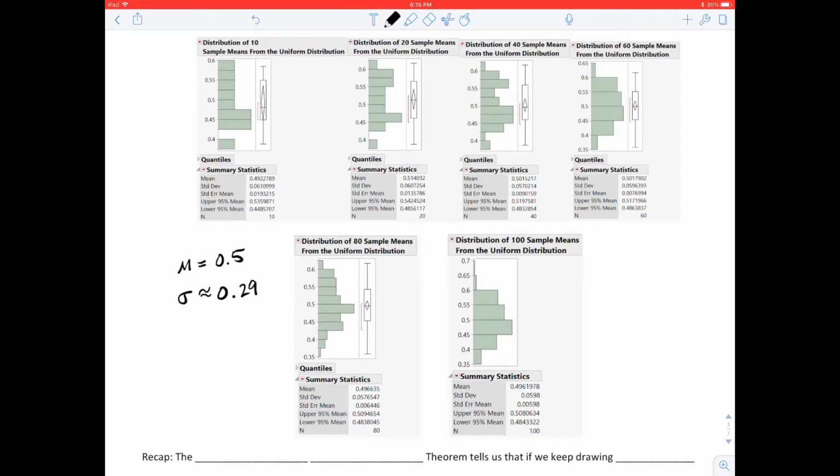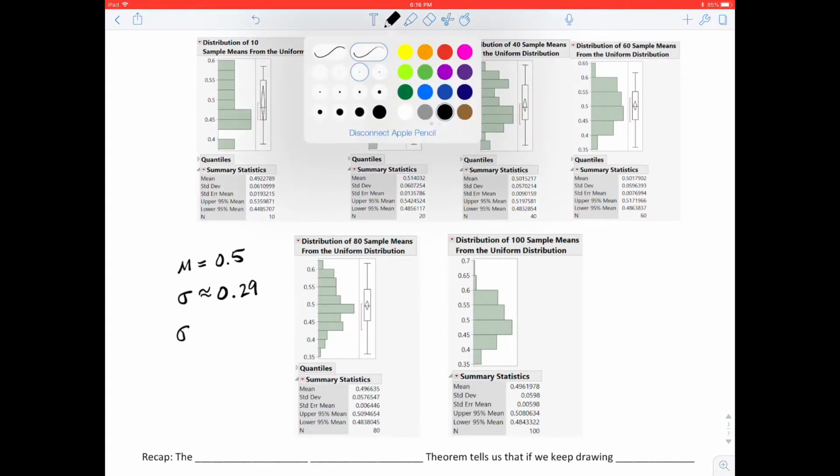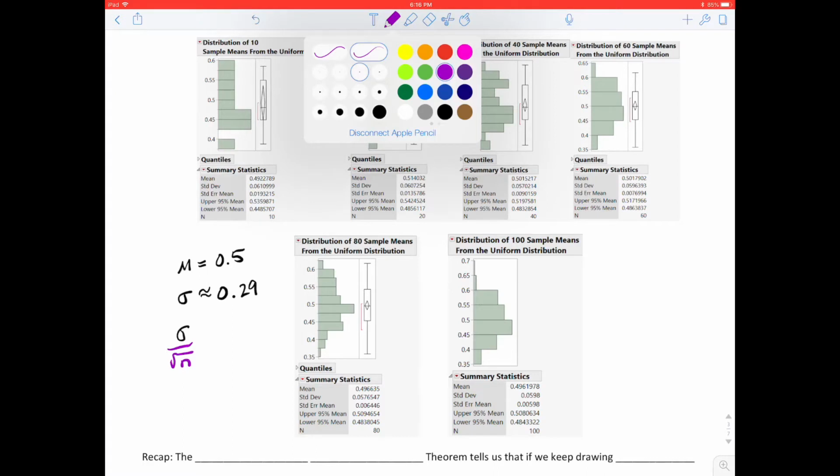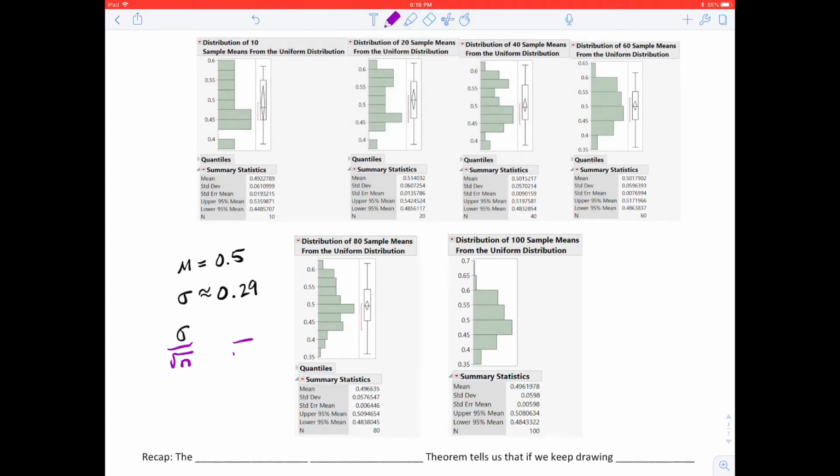But check this out. If I take sigma and divide sigma by the square root of n, where n is the sample size for each of these individual samples, then I would actually be dividing by root 25, and the sigma we had gotten from before is 0.29.